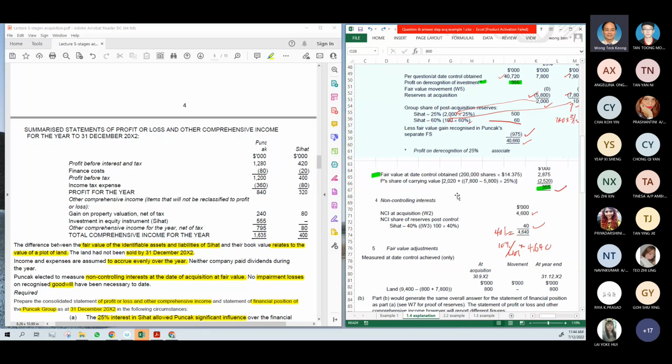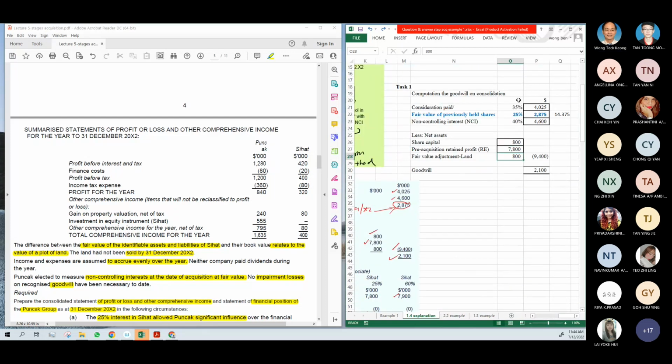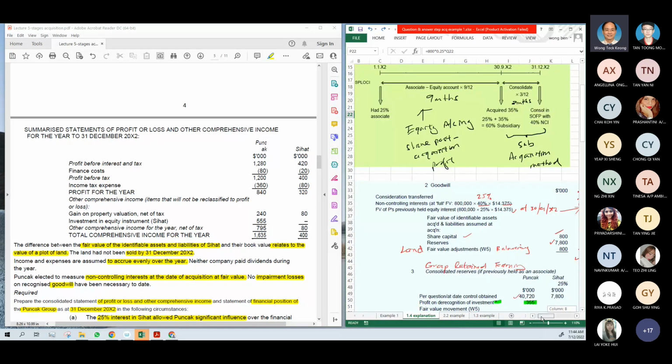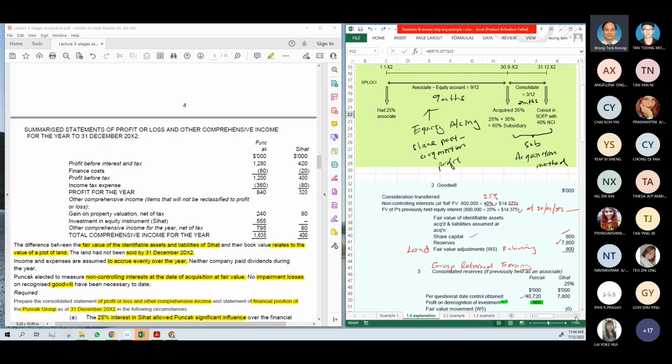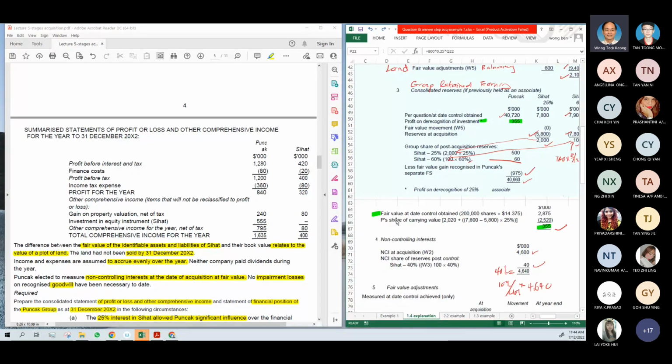So remember, we know that the fair value of the previously held share, the 25% ones, is 2,875. So from here, 2,875: 25% of 800,000 shares at 14,375, the previously held share.